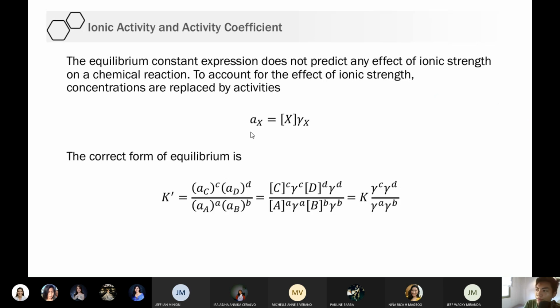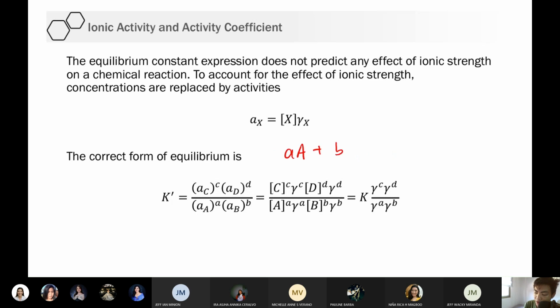Okay. So that means the correct way to write equilibrium for a generic reaction aA + bB in equilibrium with cC and dD.